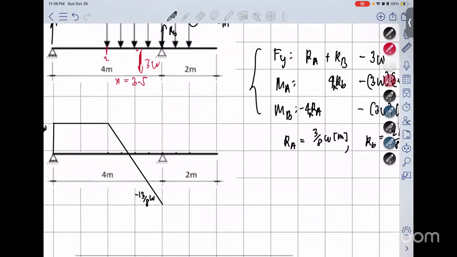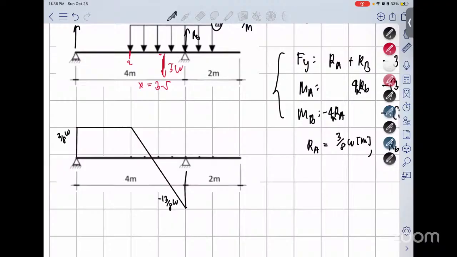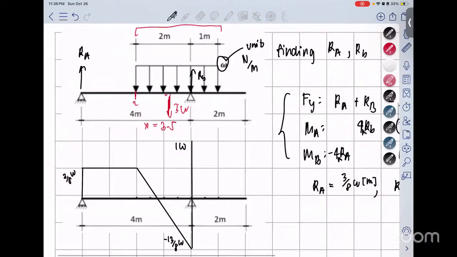So -13/8 plus 21/8, that gives us 8/8, which is 1. I'll just put that here. 1 omega. And then I have one remaining, which is this area, 1 meter times omega.